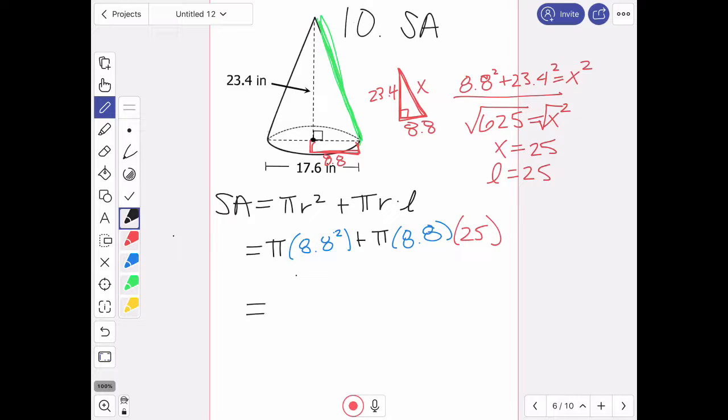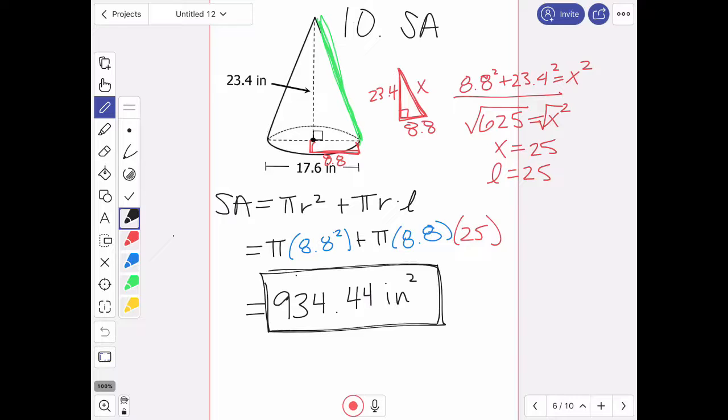And so my total surface area is 934.44 inches squared. Again, you might be getting a little bit off. It can get off by even 1 inch. Usually it's only off by like a tenth or a thousandth of an inch if you're just using 3.1 instead of the actual pi button in a calculator. But if you get close to this, that is pretty good.